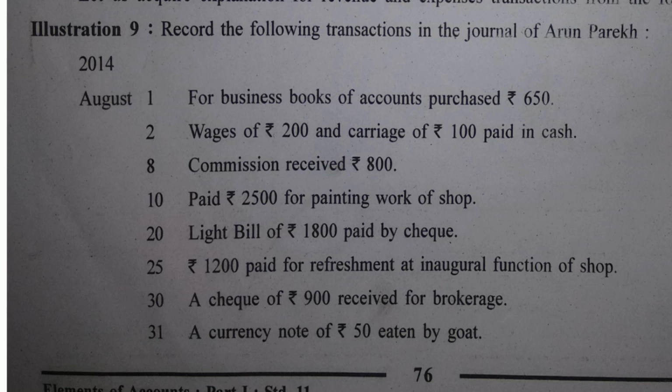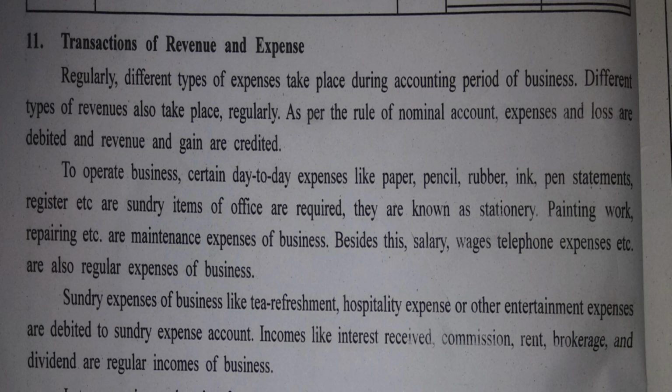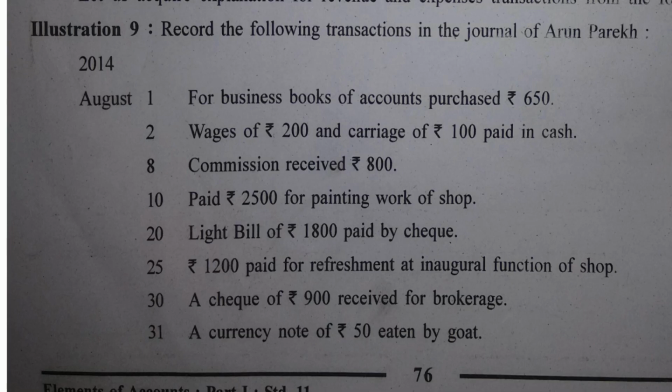Next, paid rupees 2500 for painting work of shop. We've just understood that here in second para, second line, painting work, repairing are maintenance expense. So painting work is a maintenance expense and the word paid indicates the transaction is cash transaction.